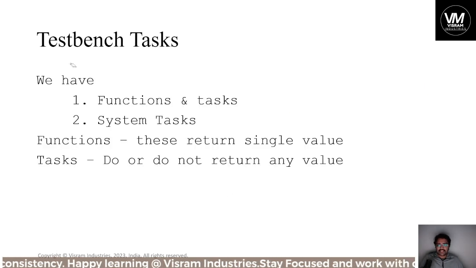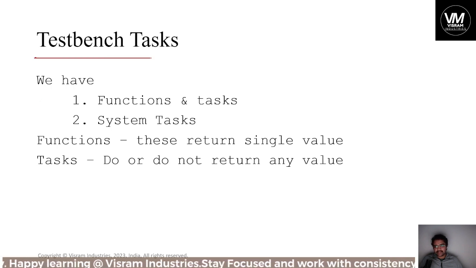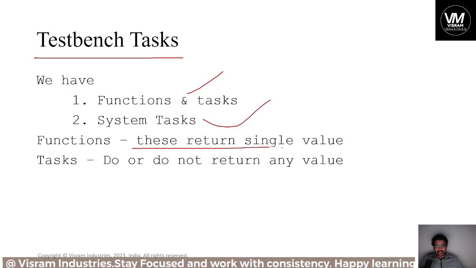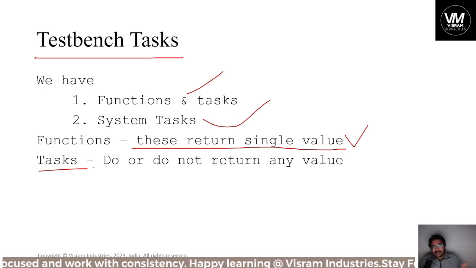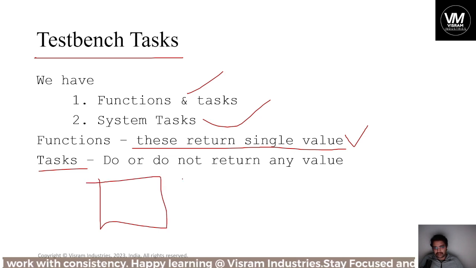Now coming to the test bench tasks, we have very similar tasks. In the test bench we have functions and tasks, and system tasks. Functions return a single value. At least we will have some output after the function operation, but after a task is executed, we may or may not get a value. A task is nothing but another block, like the initial block and always block we write.